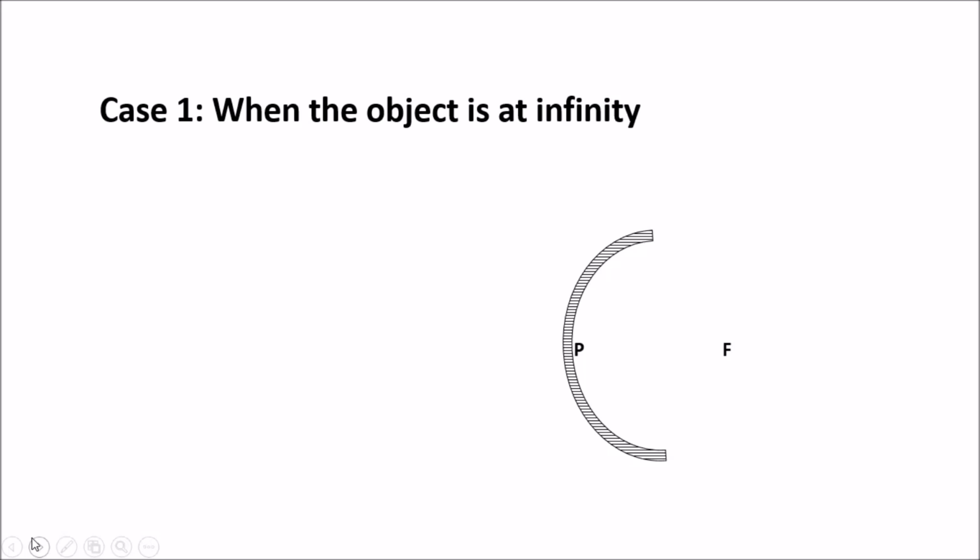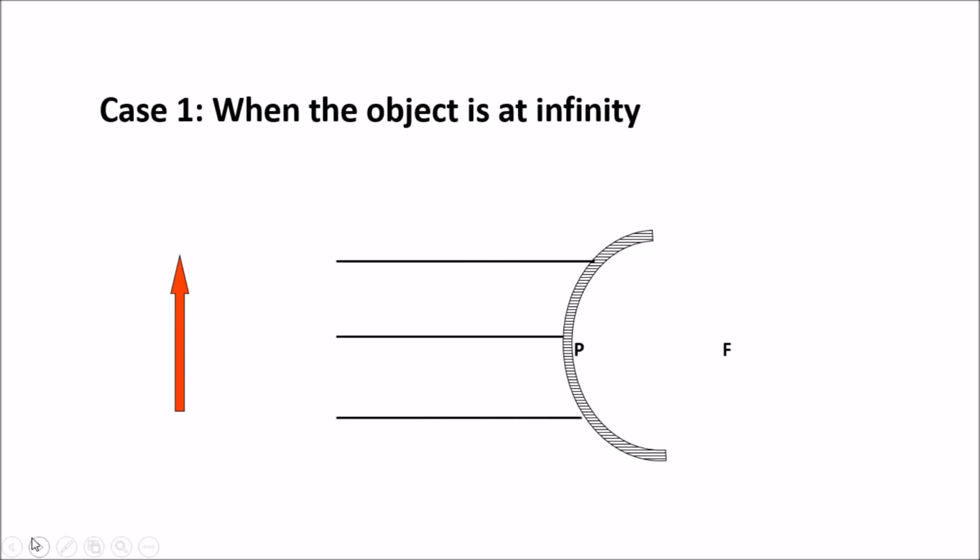First thing you need to do is draw a convex mirror. Let's keep the object anywhere. Now we don't know where the object is, so we just draw an object and 3 straight lines which indicate that the object is at infinity.